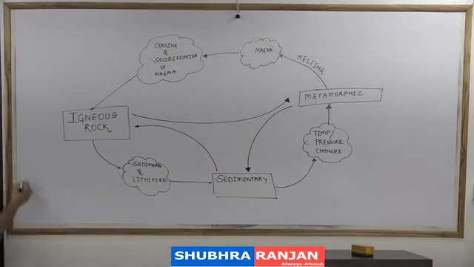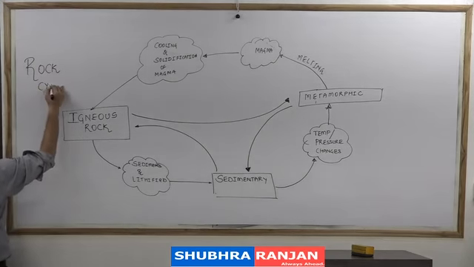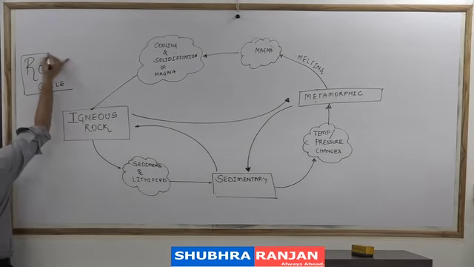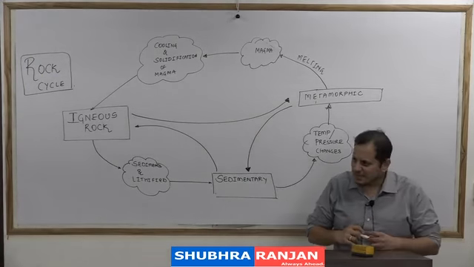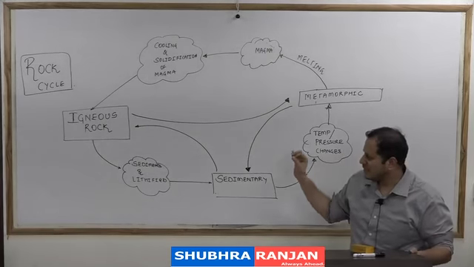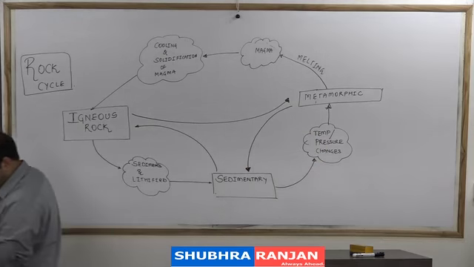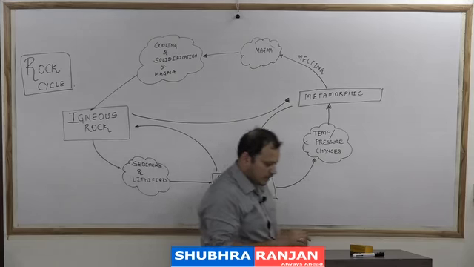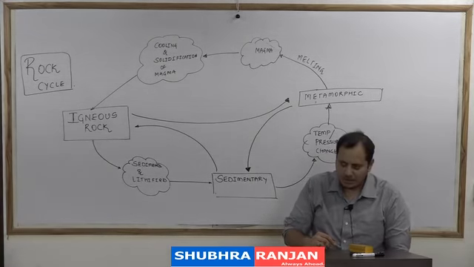So this entire process of how rock changes is known as the rock cycle. In NCERT the same diagram has been given in a complicated manner. So this is a very simple diagram you can remember for the rock cycle. Fine with this?